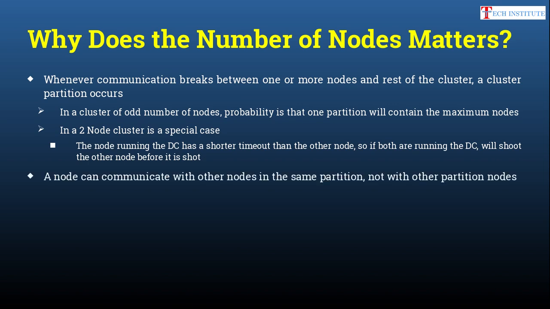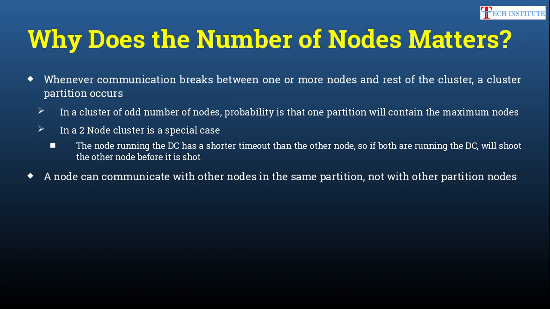In that case you need to make some other changes in your cluster configuration so that your cluster runs with 2 nodes. And one thing you need to remember: if a partition is created inside your cluster due to some failure, the nodes in that partition can communicate with each other, but they cannot communicate with the nodes in the other partition.